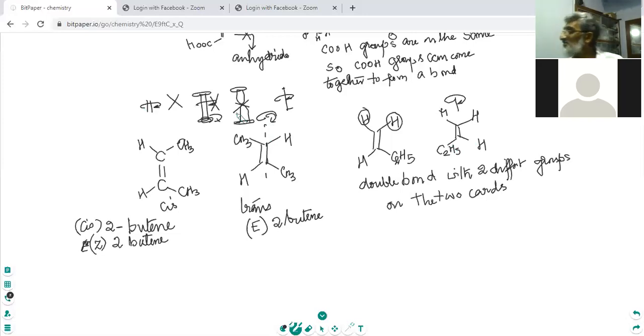So that is briefly about geometric isomerism. Now, how will you distinguish between geometric isomers? Number one, melting point. Geometric isomers are different compounds, so they will have different melting points and properties. Second, dipole moment.